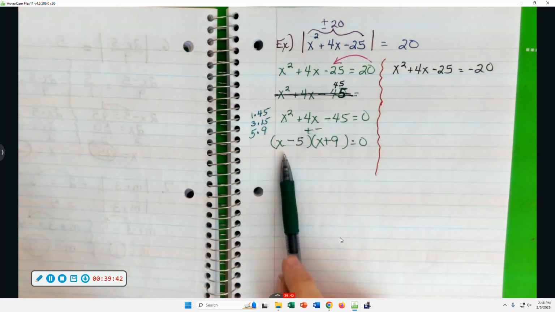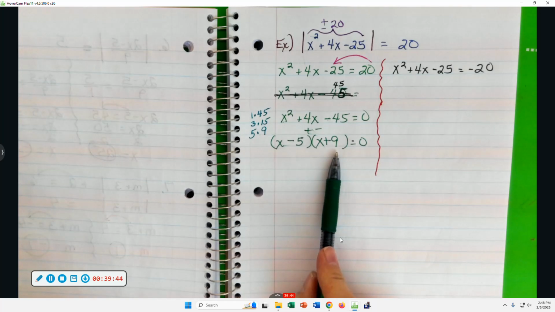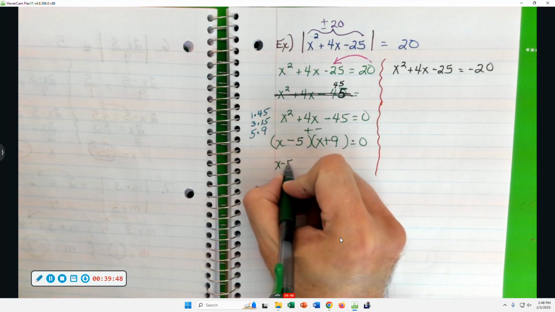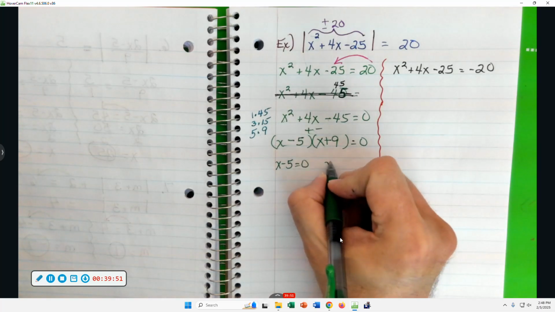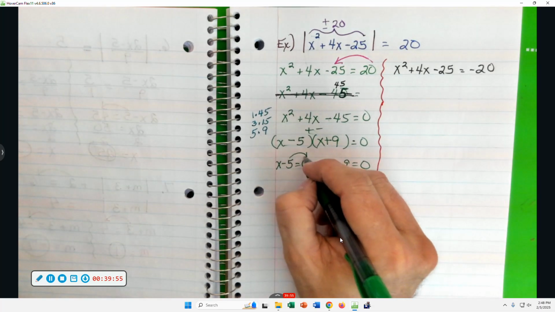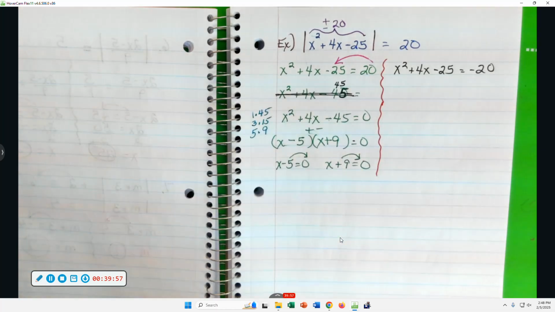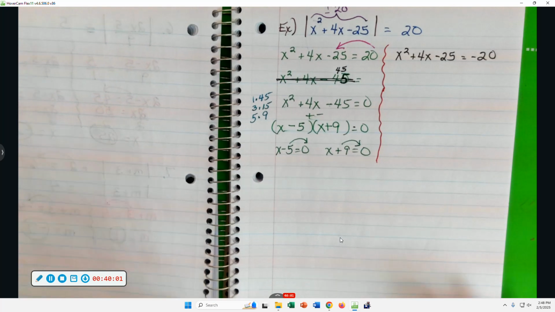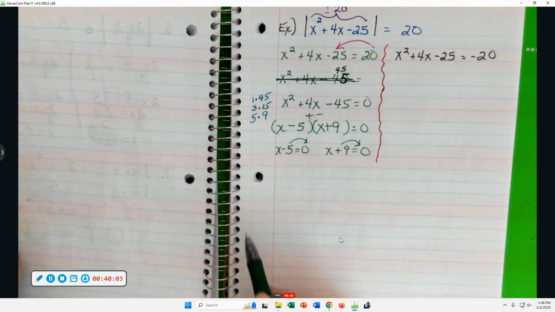Now, we factored it, so set each factor to 0. x minus 5 is 0, or x plus 9 is 0. We're going to get two green answers here. It looks black to me, Tony. Well, yeah, but colors show better on the video.